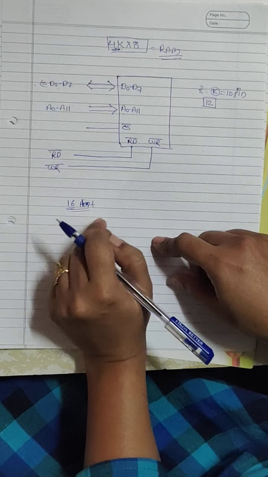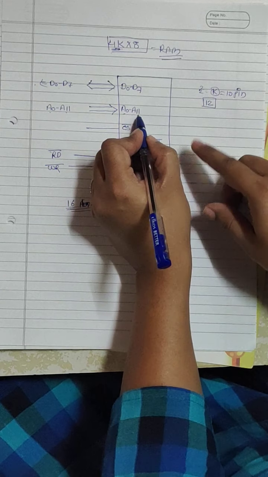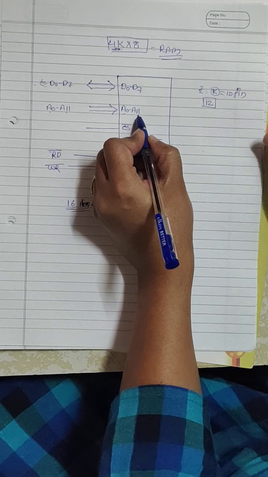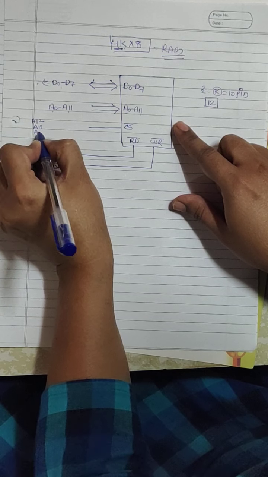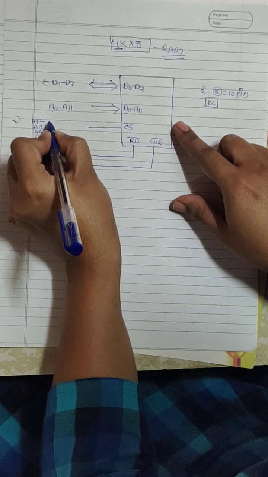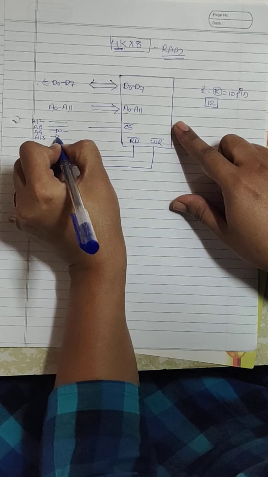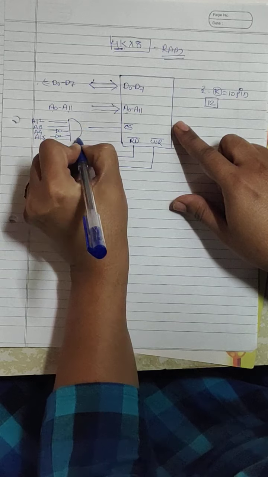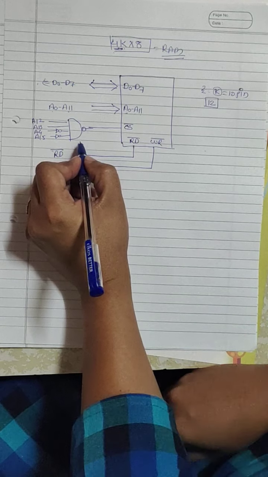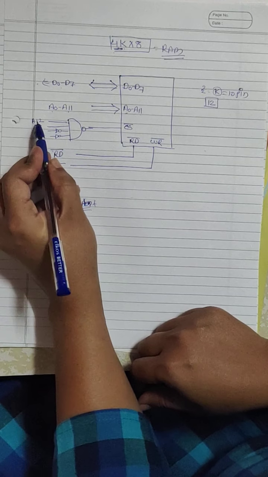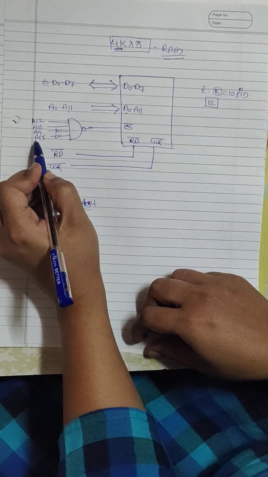From A0 to A15, we have connected A0 to A11 to A0 to A11 of the memory IC, and the remaining pins, A12, A13, A14 and A15, are used for the chip select signal of the memory. So here we have used one NAND gate, and to the NAND gate we have connected all the remaining 4 pins A12, A13, A14, A15.